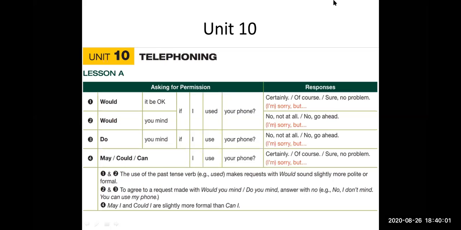When you use do you mind or an informal form, the verb is in present. Excellent, Dariana. Very good. Can another person tell me something about this grammar or something that you don't understand about this grammar, please?